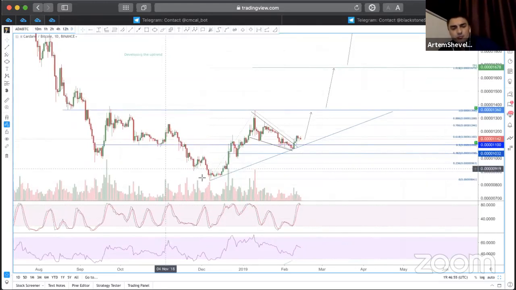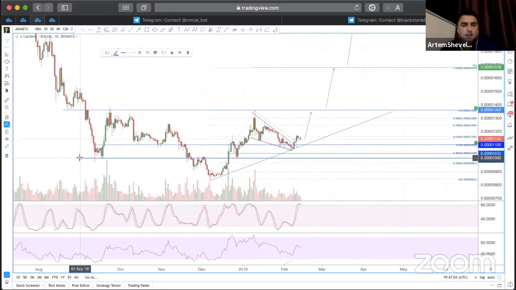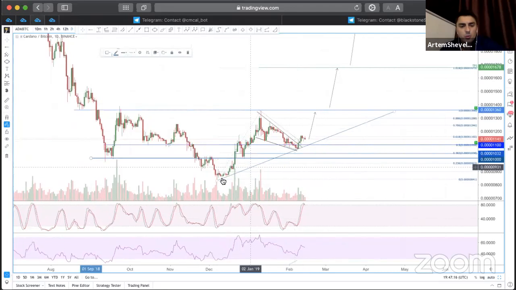So this is a pretty wide range, but I think the price has already bottomed at the 1,000 level, and I think the new trend is already developing, because we have this falling wedge with bullish divergence on the lower time frame, which is a very good signal for us.